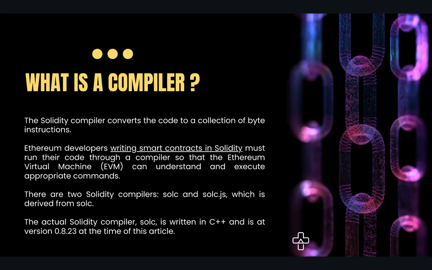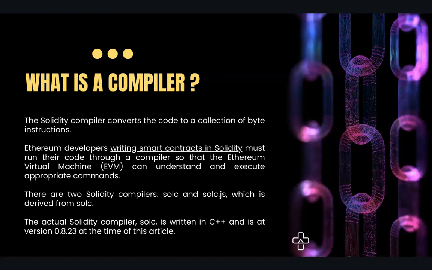I know some of us here might be Web2 developers, and in order for us to get a better understanding of this, I have to break it down. A compiler is basically a special program that converts source code written in a high level programming language to low level, computer understandable code, a machine code.